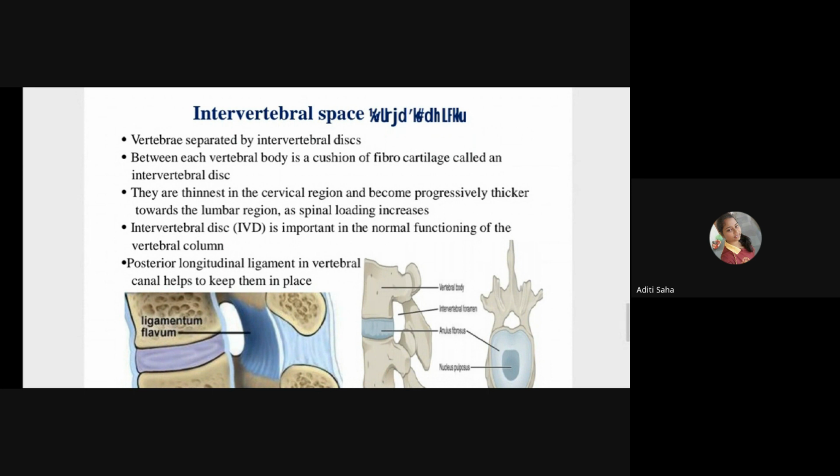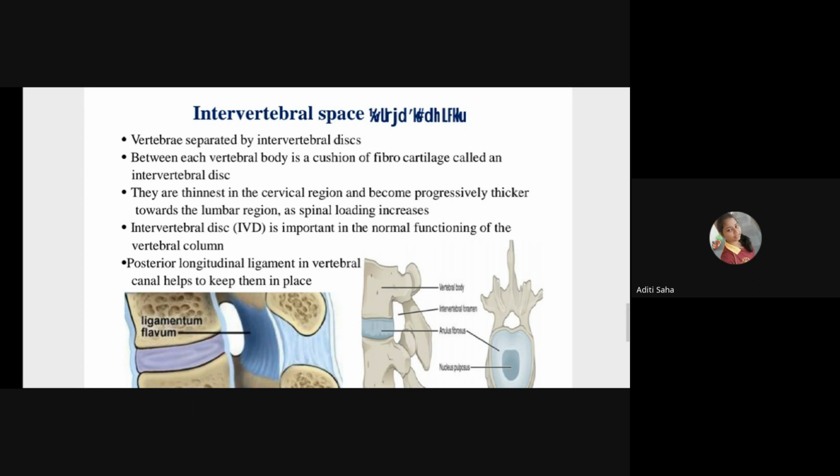And why does it get thicker? Because of spinal loading. Our spine is loaded due to gravity. Our lower spine has to carry more weight than the cervical or thoracic region, right?